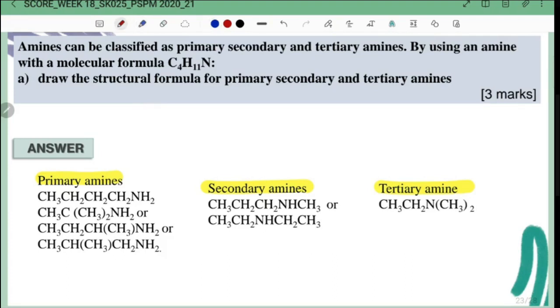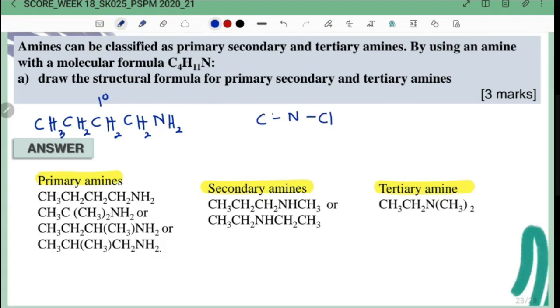We revise a bit. For the primary, of course, N is bonded to one carbon. So for the other 4 carbons, I just draw the straight chain and then fulfill the hydrogen atoms. For secondary, I will draw N bonded to 2 carbons.